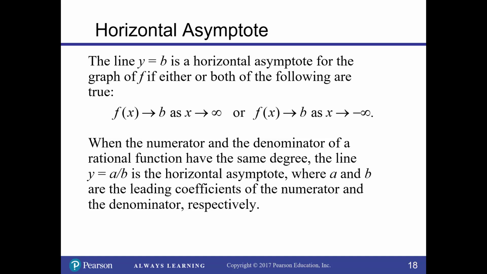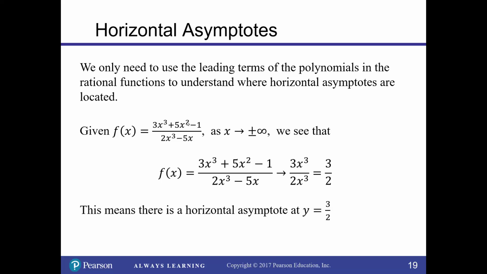If the numerator and the denominator of the rational function have the same degree, the line y equals a over b is a horizontal asymptote, where a and b are the leading coefficients of the numerator and the denominator, respectively. So we're going to demonstrate what that means. Like I said, as we go to infinity, a polynomial should behave like its leading term.